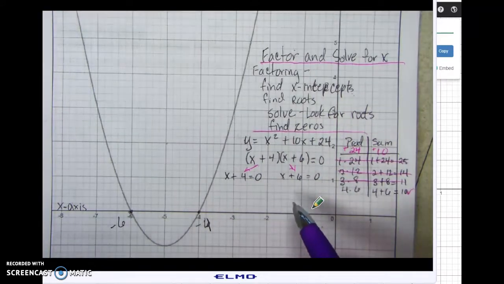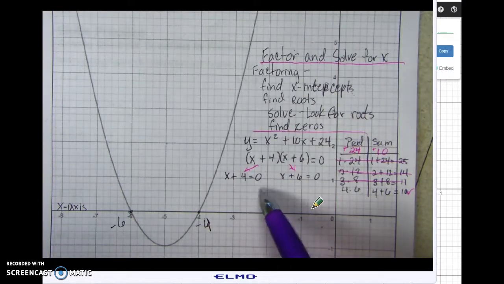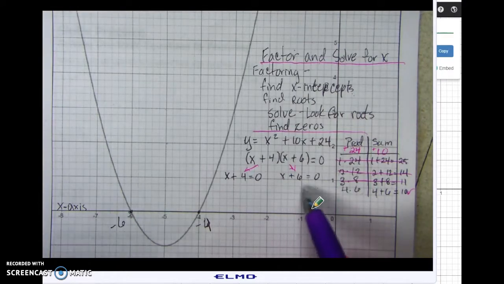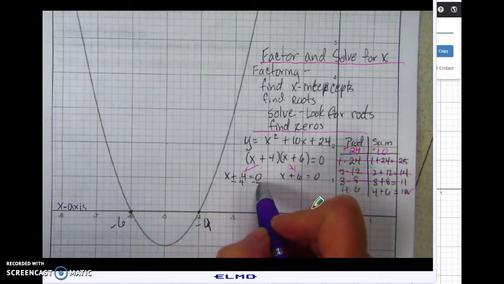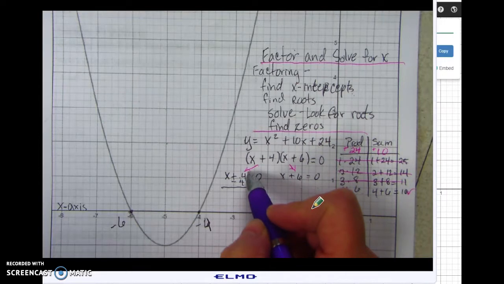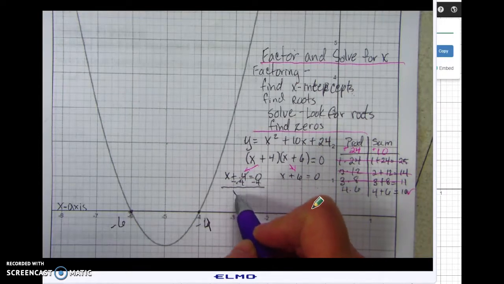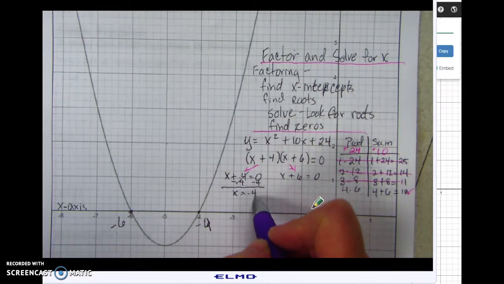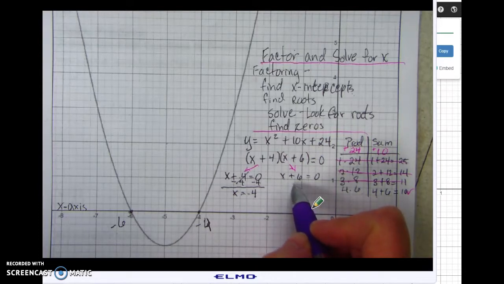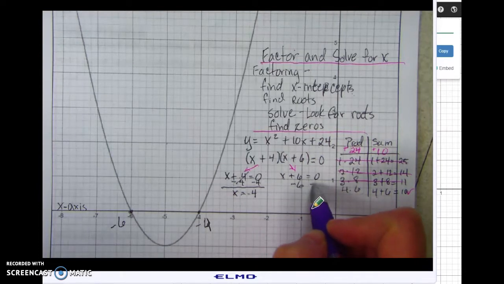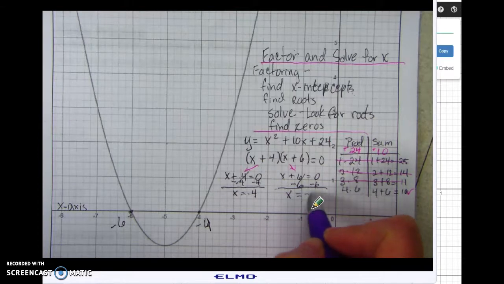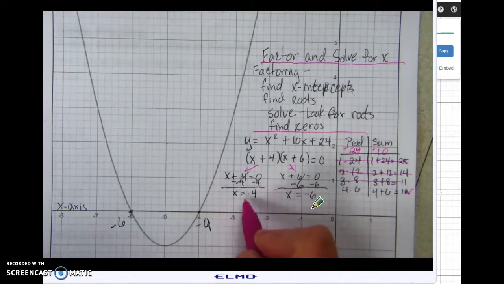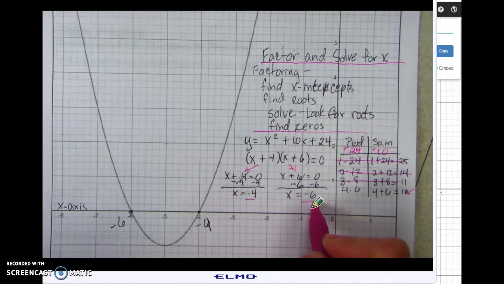Now I have a basic, simple Algebra 1 problem, and I just solve. If I want to get x by itself, subtract 4 from both sides. The 4 crosses out. Bring the x down, and x equals negative 4. Now the next one. Subtract 6 from both sides. Cross out the 6. Bring the x down. x equals negative 6. Now I note negative 4, negative 6.